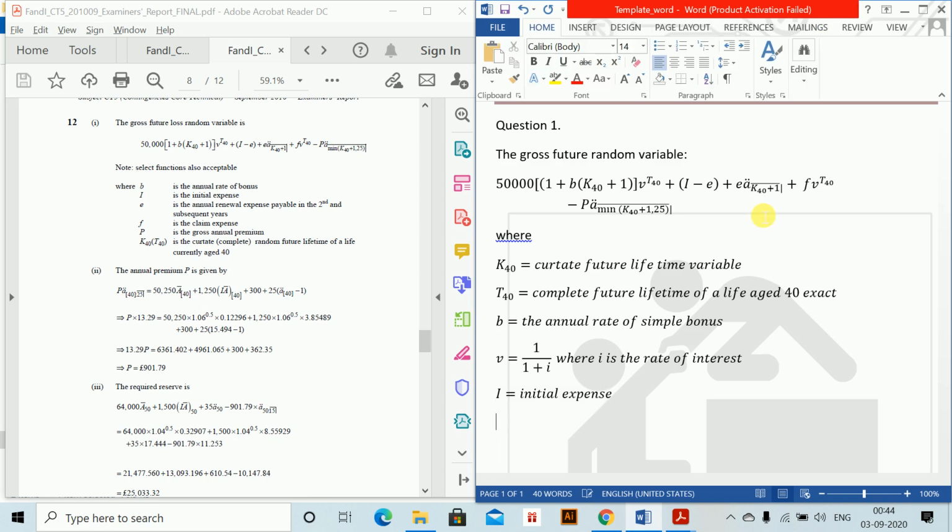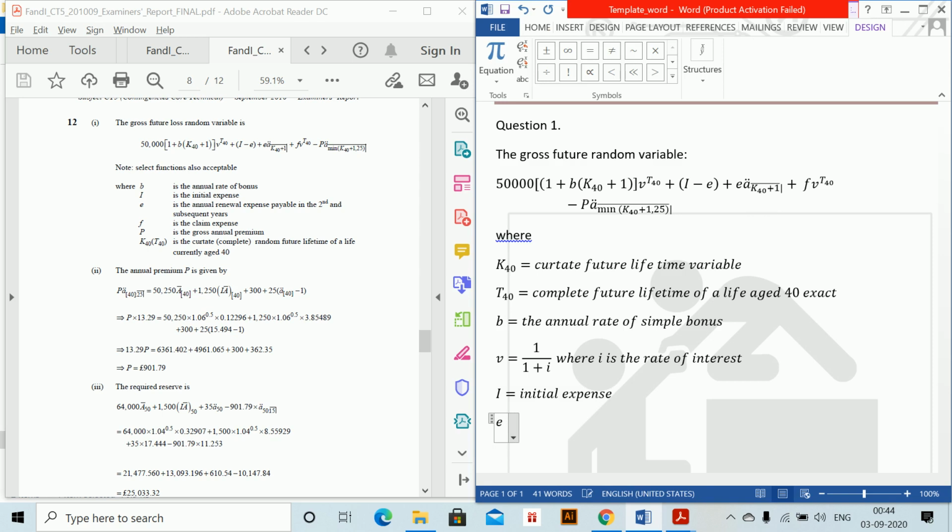I need to define all of these. Small e is the renewal expense to be incurred from the second and subsequent years.